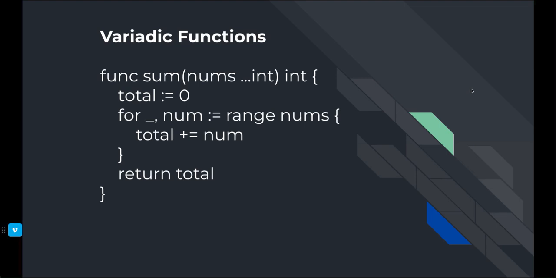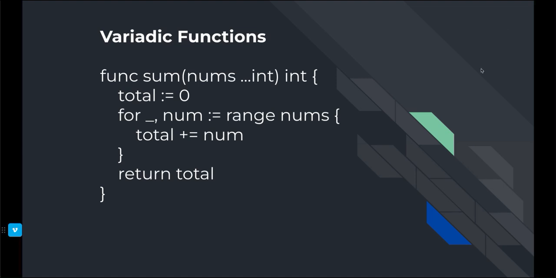Inside the function, we have total equals 0. We are setting up the starting value of the total. The for underscore, num range nums loop goes through each number in nums and adds it to the total. Finally, it returns the total, which gives back the sum of all numbers. So if you call sum of 1, 2, 3, it returns 6. And if you call sum of 10, 20, 30, it returns 60. The variadic parameter here, nums of int, lets you pass as many integers as you like to be added.